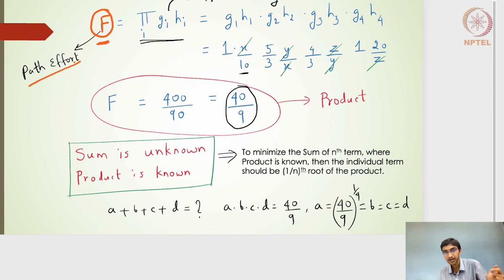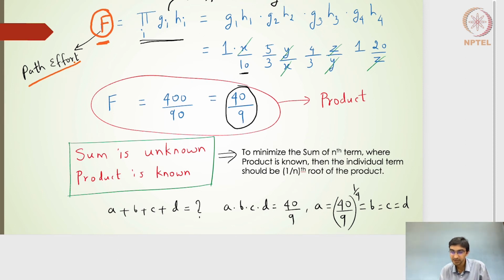For that particular path from the input to output, how many stages are there? That many stages. If I pick the effort delays and then multiply those effort delays, I will get the path effort. So the path effort is nothing but the product of all stages' effort delay.